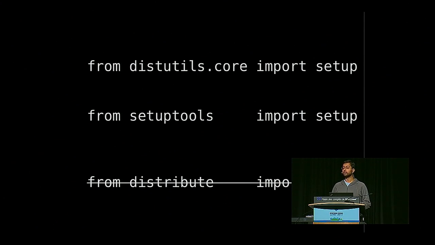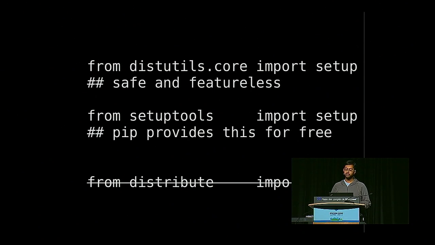You can either use the one that comes with the Python distribution, distutils.core, or you can use the one that sort of seems cooler and has more features called setuptools. Doesn't really matter that much to me. Just don't use distribute. But also, I recommend using distutils.core, since that way anyone who runs your Python code in the setup.py is guaranteed to have the requirements needed to execute that setup.py file.